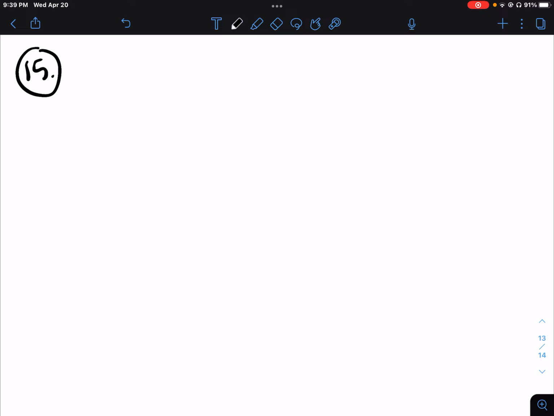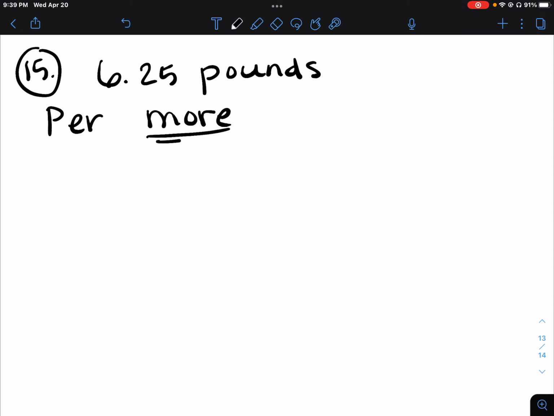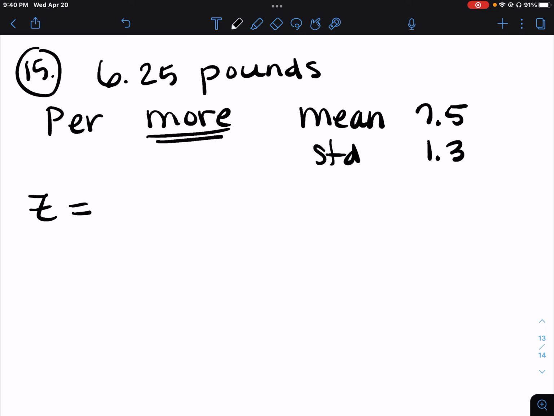Okay, number 15. A baby weighed 6.25 pounds. What percent weighed more? With a mean of 7.5 and a standard deviation of 1.3. So we have to change it to a z-score.